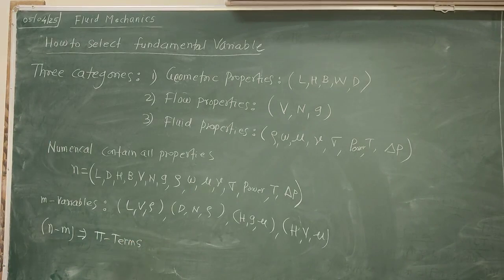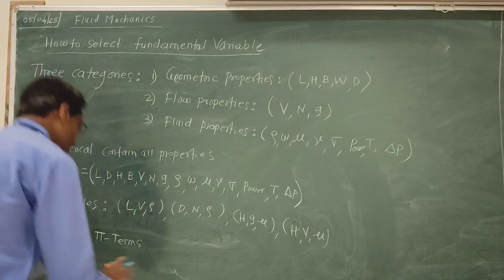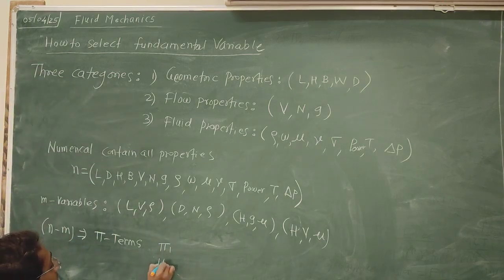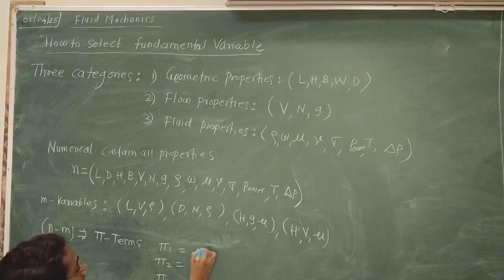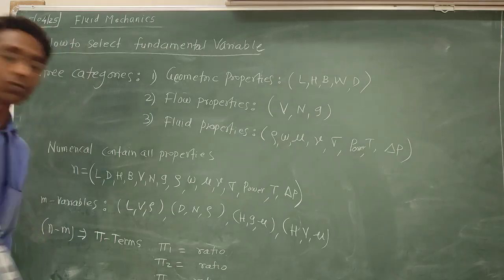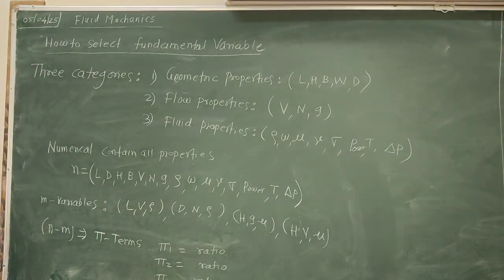Five terms you will get from the subtraction. Then you will have to write all pi 1, pi 2, pi 3 in equation form by the Buckingham pi theorem. All these will be ratios, ratios of some terms, ratios of variables. In this way, we have to use fundamental variables.